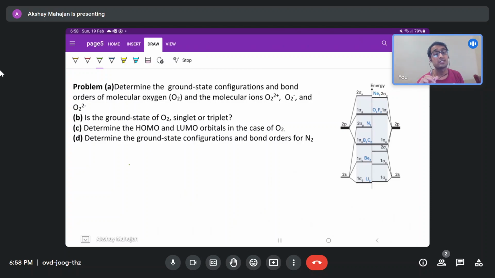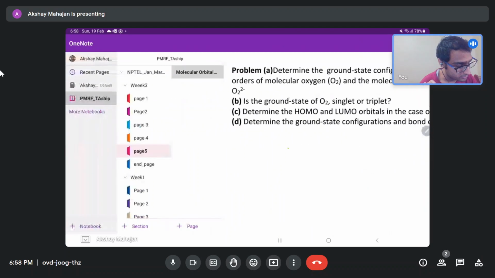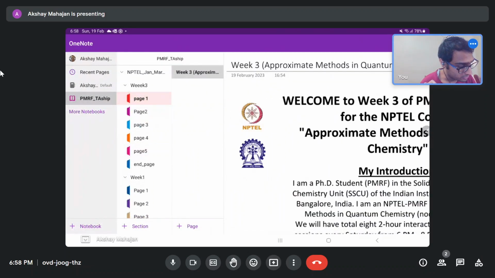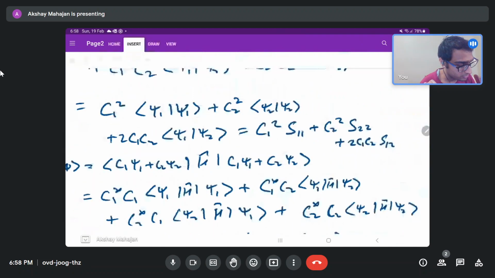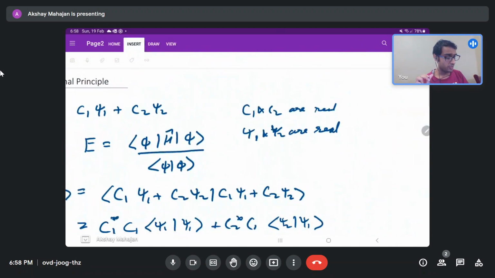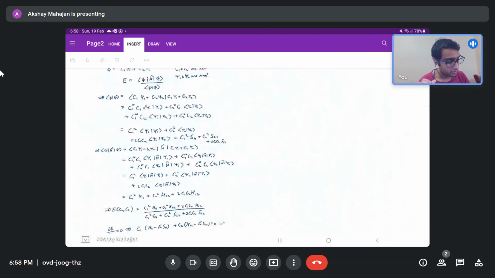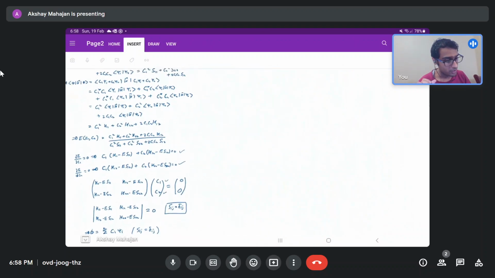And even for the valence electrons, in the variation principle we know that if we have two valence orbitals only, then we will have two plus two separate determinants.